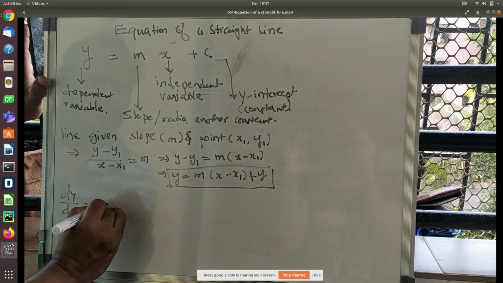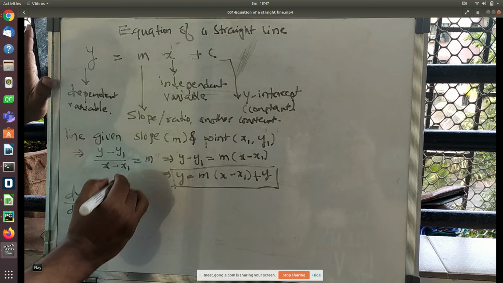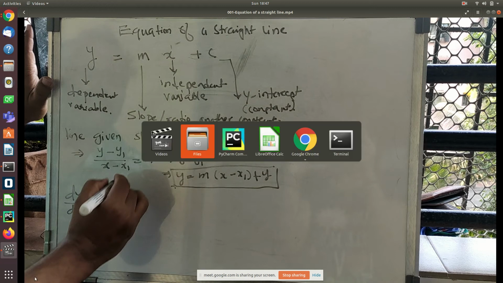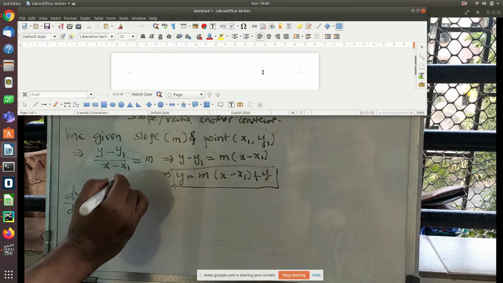So dy by dx is equal to m. How many of you remember again derivatives? What is the derivative of x raised to n? Tell the name and tell the answer. n into x to the power n minus 1. Who is that? Pratik. So I ask you one more question, Pratik. What is the derivative of a bracketed quantity raised to n? Y is equal to some bracket quantity, something here, raised to n.